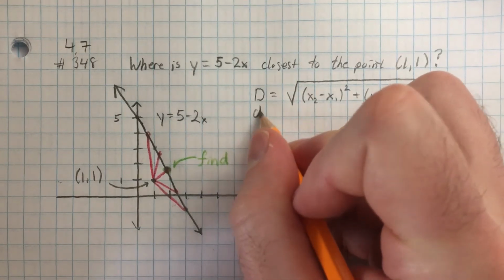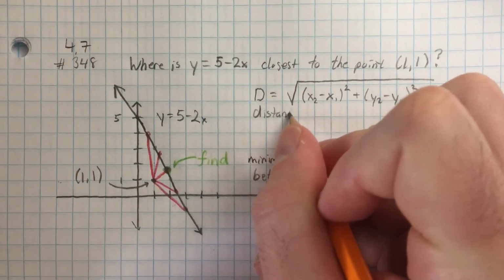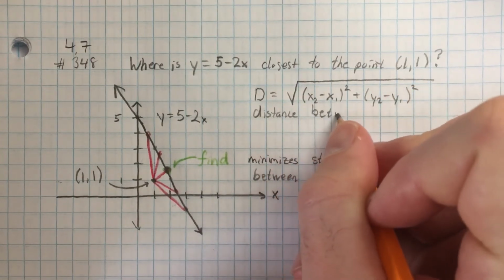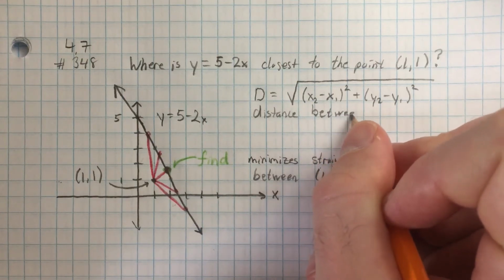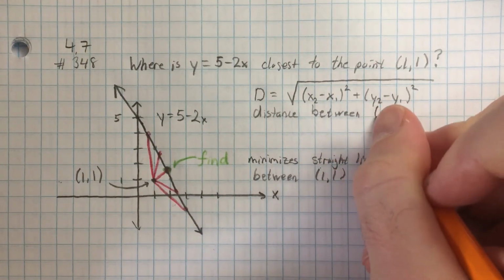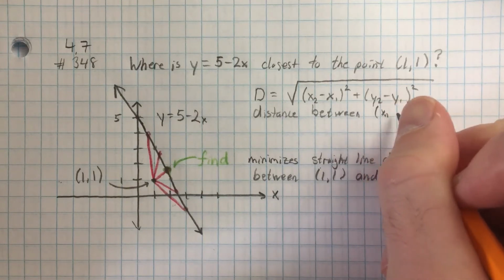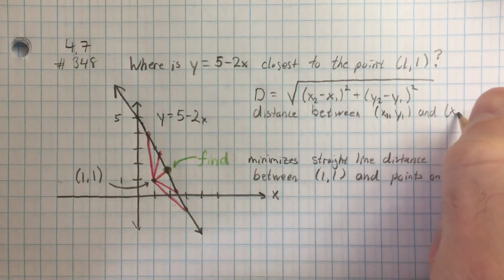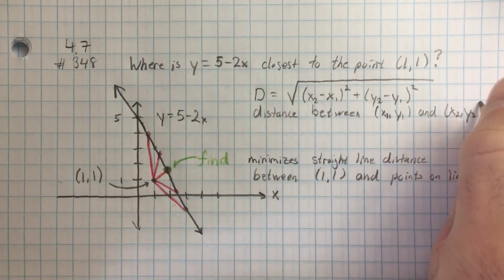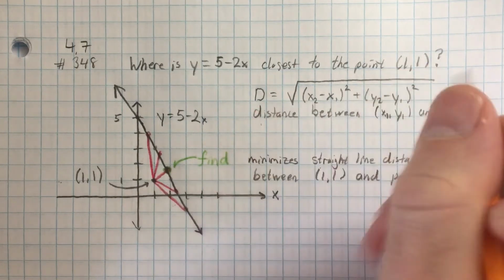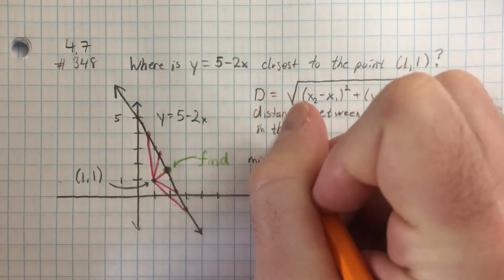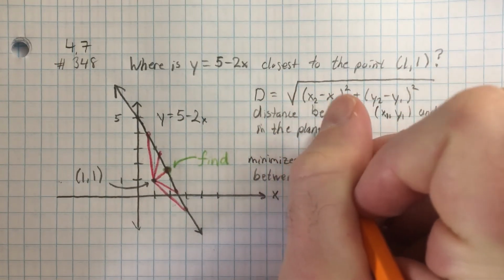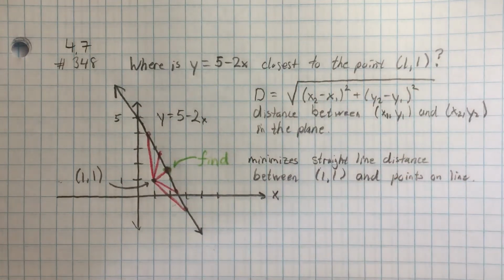And that's the distance between any 2 points in the plane. We'll call the 2 points x1, y1, and x2, y2, in the plane. All right, so that's the formula for it.